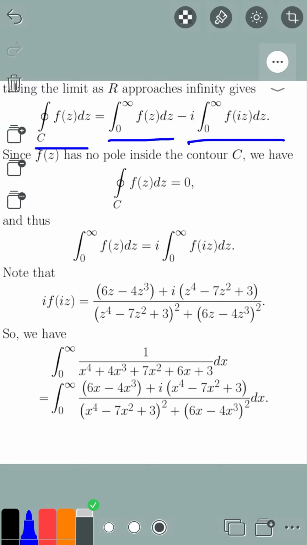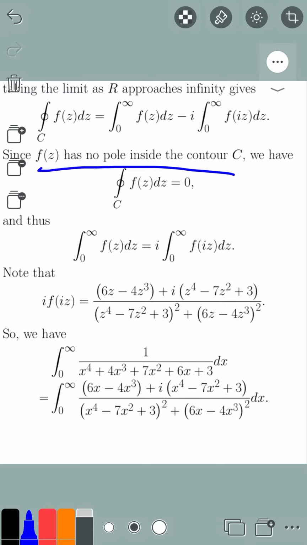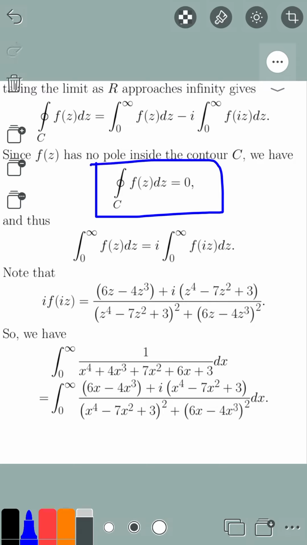Alright, for the function f of z, you can find the zeros of the denominator of f of z, and so find the poles of f of z, and you can verify that f of z has no pole inside the contour C. And so that means the contour integral of f of z dz along the contour C is equal to 0.